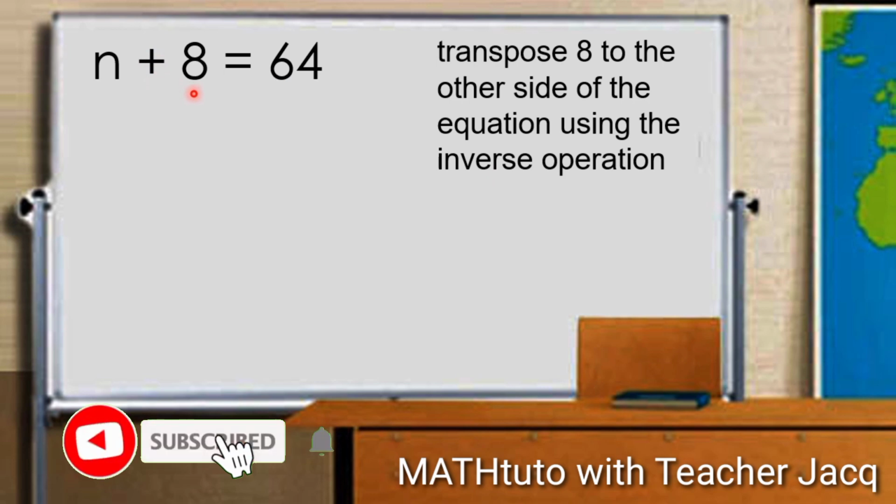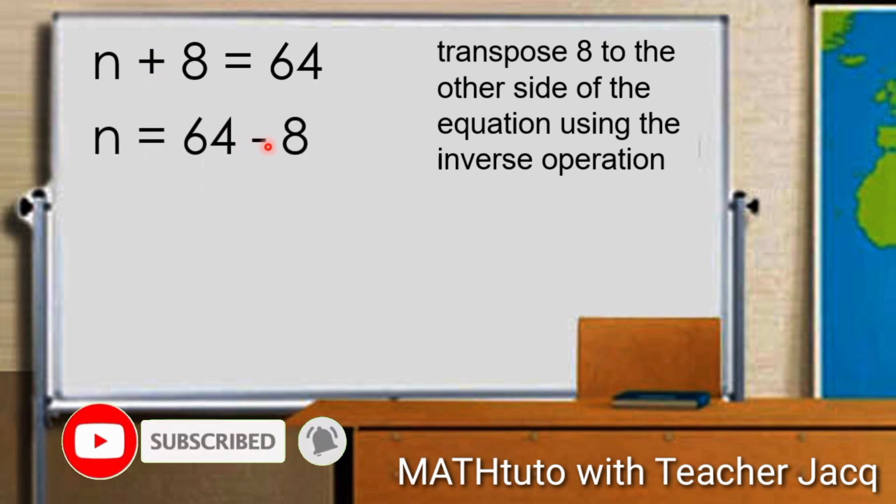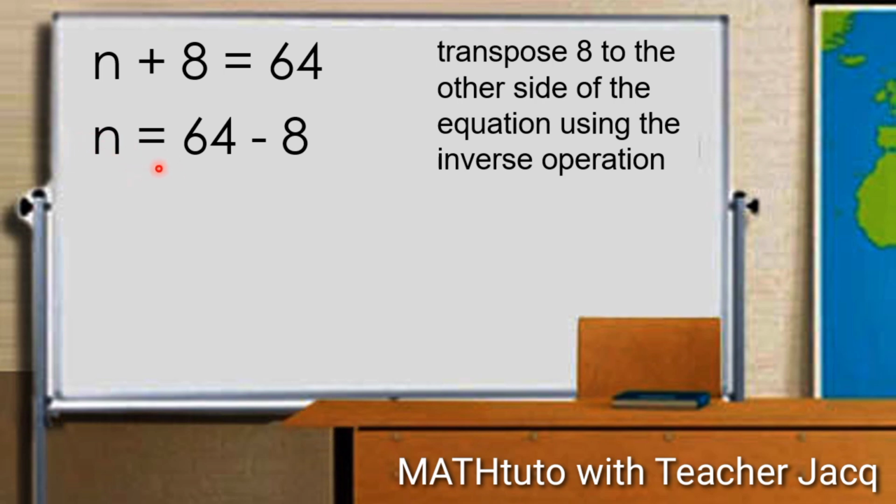So, kung dito plus 8 siya, pag nilipat natin, magiging minus 8. So, meron ngayon tayong n equals 64, from plus 8, naging minus 8. So, our n is 56. Same lang siya nung ginawa natin kanina. The value of our variable n is 56.